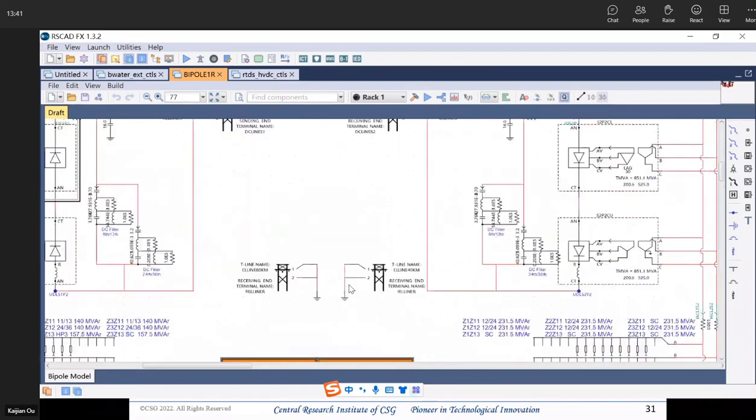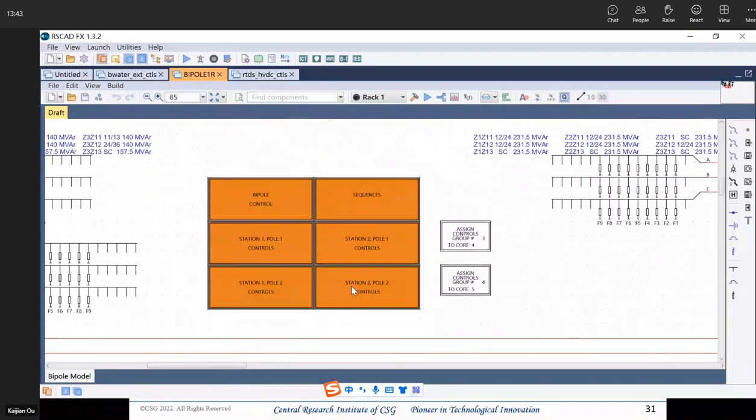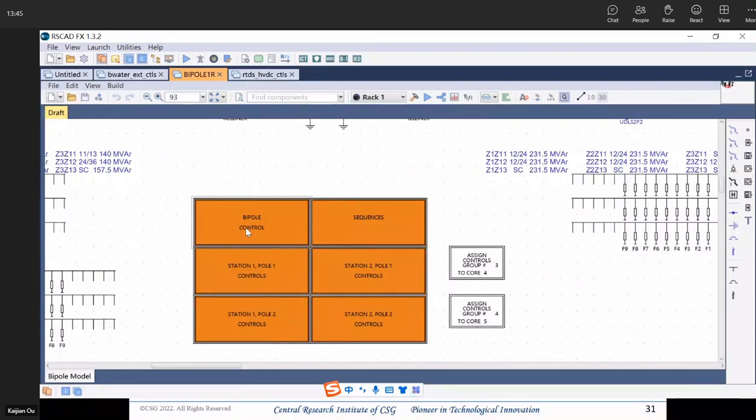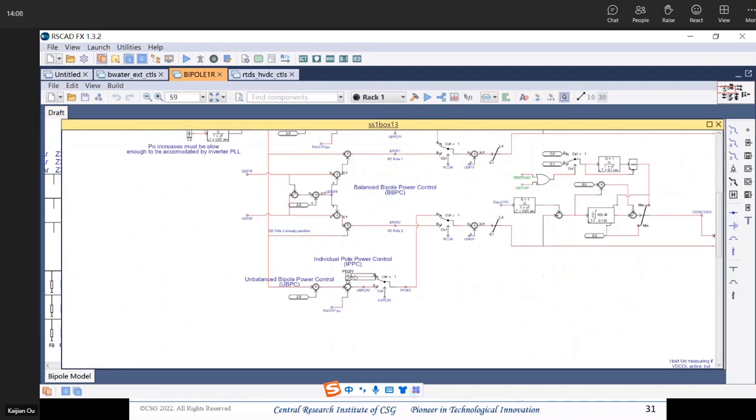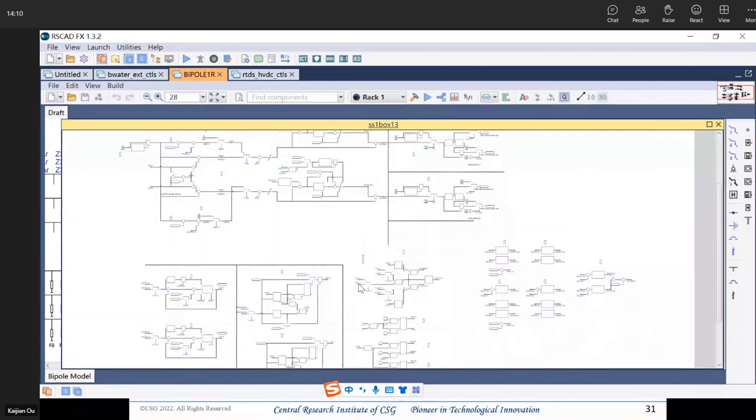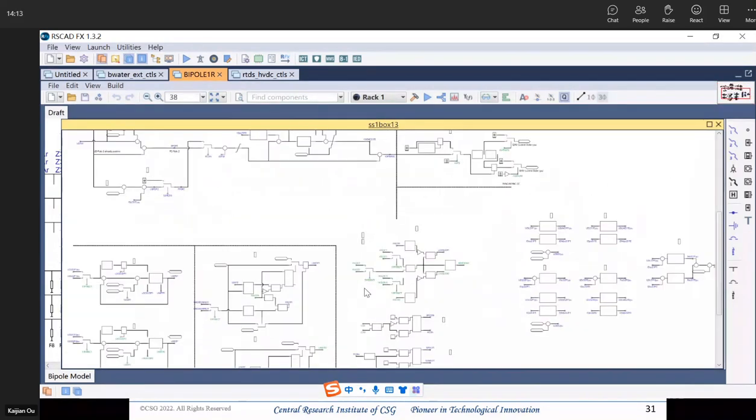We also have many kinds of control, like bipole control, control sequence, station 1 pole 1 control, station 2 pole 1 control, station 1 pole 2 control, and station 2 pole 2 control. So you can see ultimately the control is the software control of bipole. It's very complicated.